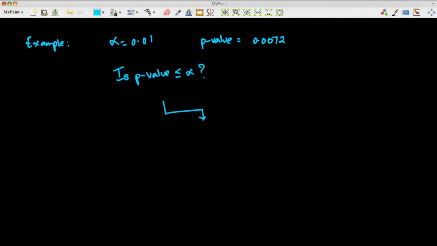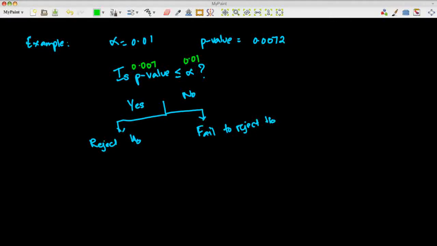If you say yes, you reject null, and if you say no, you fail to reject null. Clearly in this problem, alpha is 0.01, p-value is 0.0072. Is it less than 0.01? The answer is yes, so I say reject null.